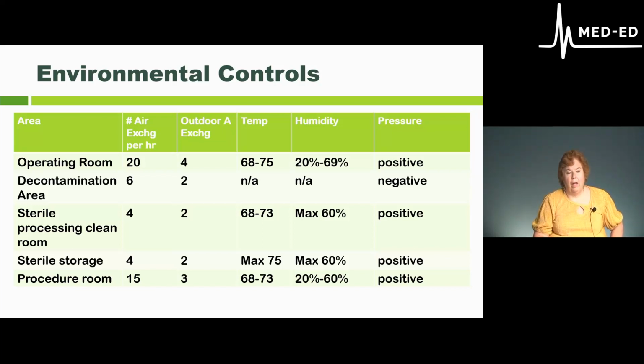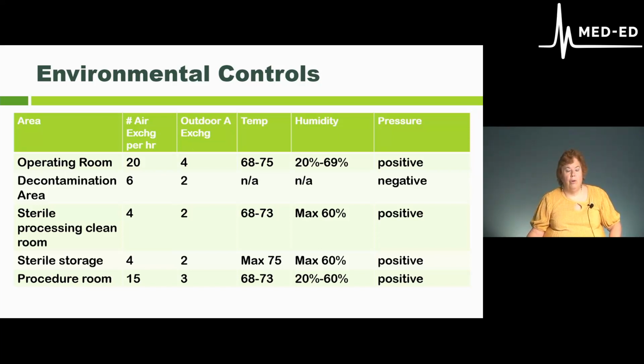Sometimes people get confused about the air pressure in the room, whether it be positive or negative. So we can use the example of the operating room versus decontamination. In the operating room, the air pressure is positive.